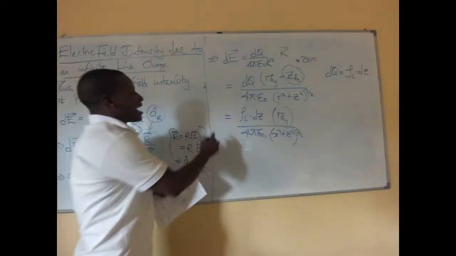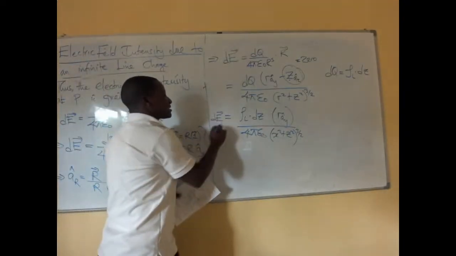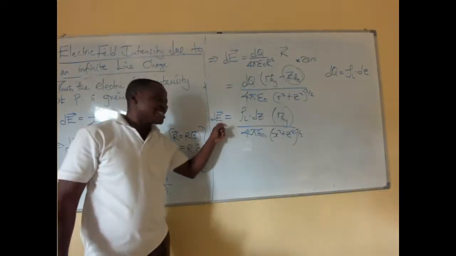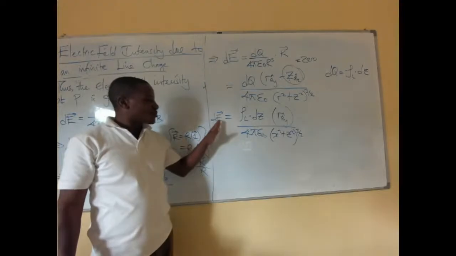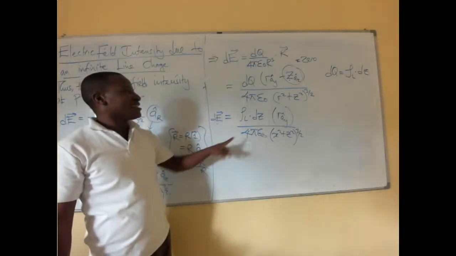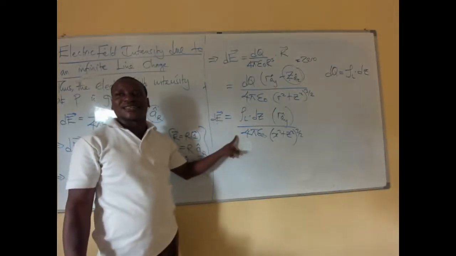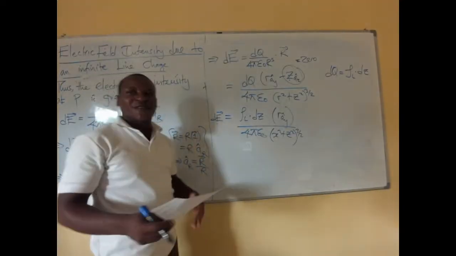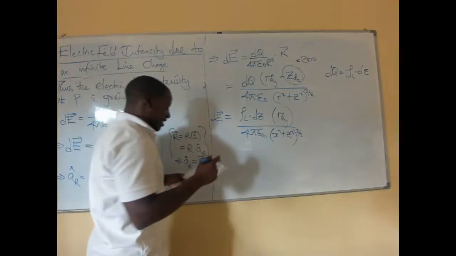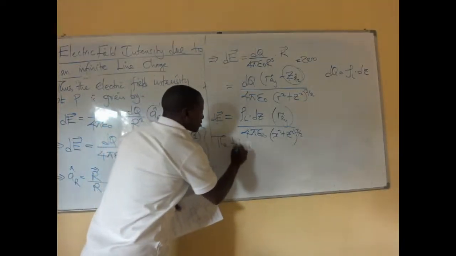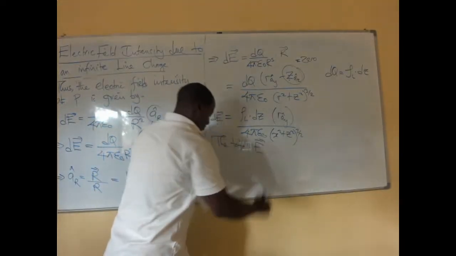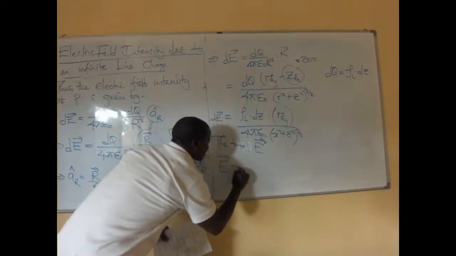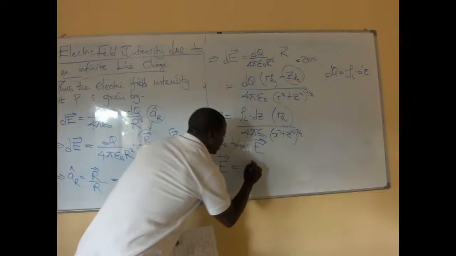Now, what we have here is dE, but this is not what we are looking for. What we are looking for is actually the E itself. So in order to get the total E, we need to integrate this side, and we need to integrate on the other side as well, so that we are able to get the total electric field intensity. The total E should be equal to the integral.